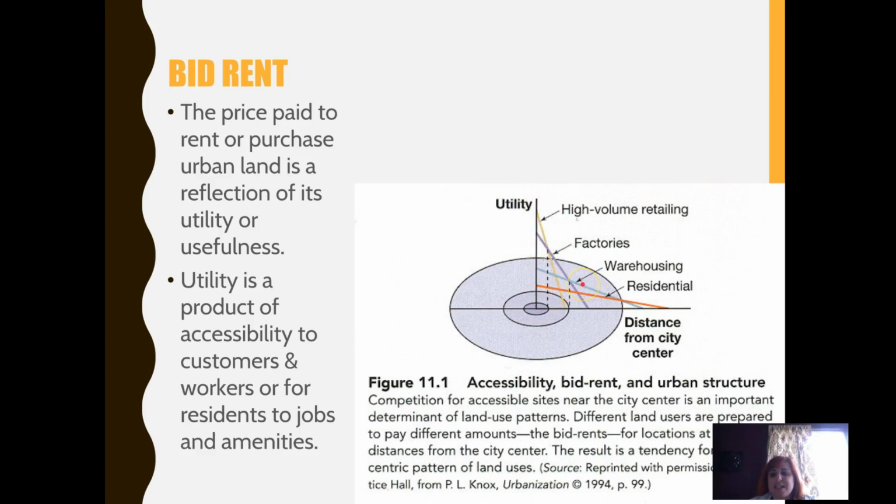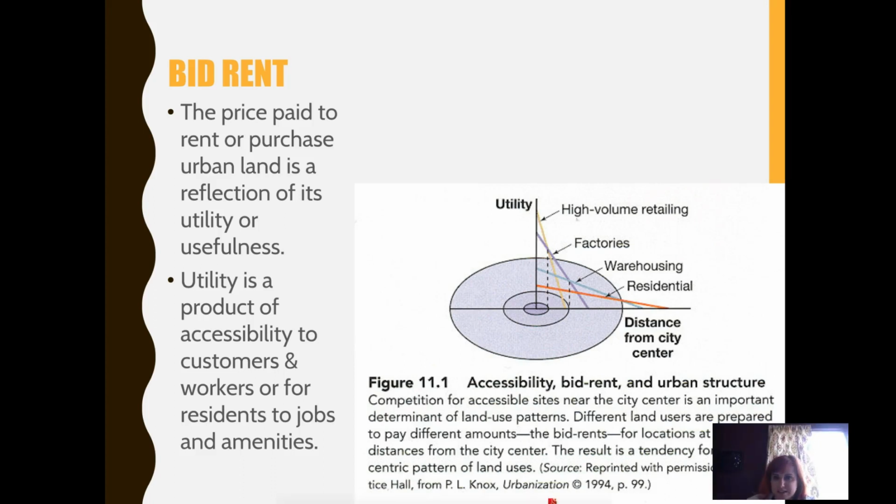Warehousing further from the city makes sense. They take up more space, right? And hopefully what you're seeing here is that fewer people are going to want to access a warehouse than high volume retailing. Residential is furthest away from the city and it's got low utility because typically people do work in the city, but they don't want to live in the city.